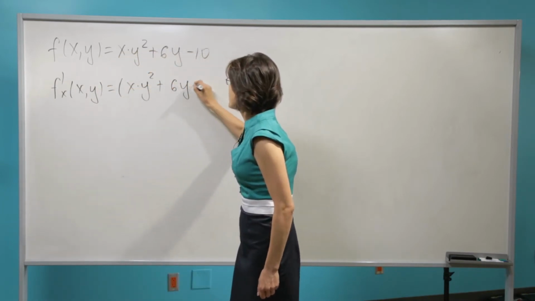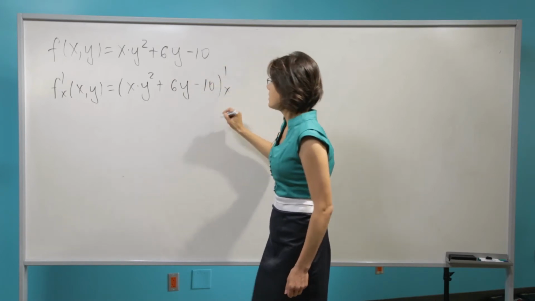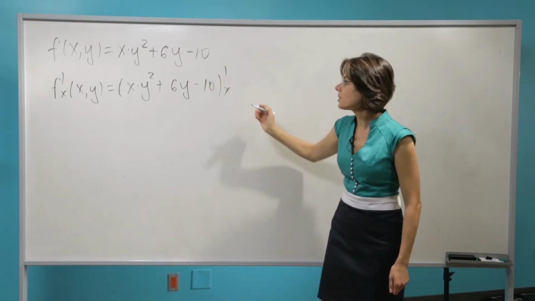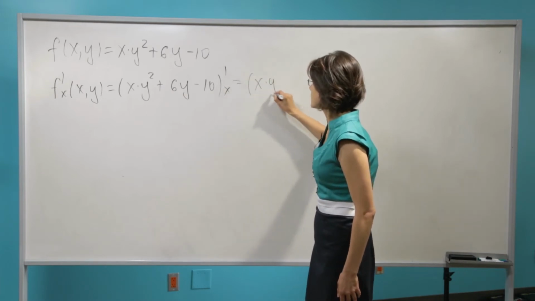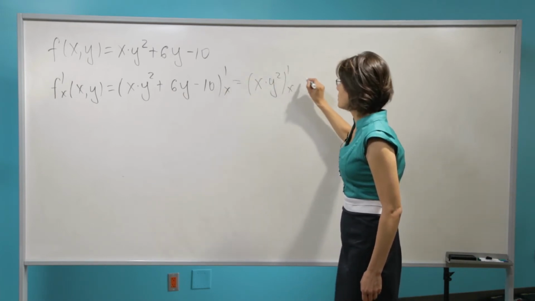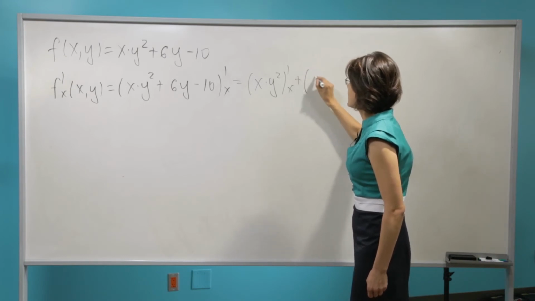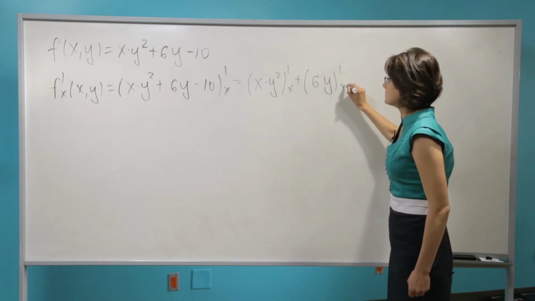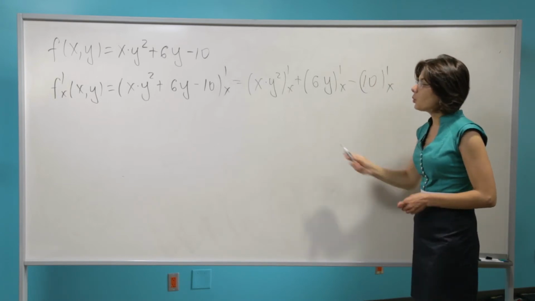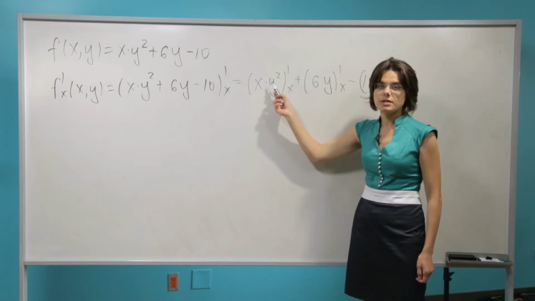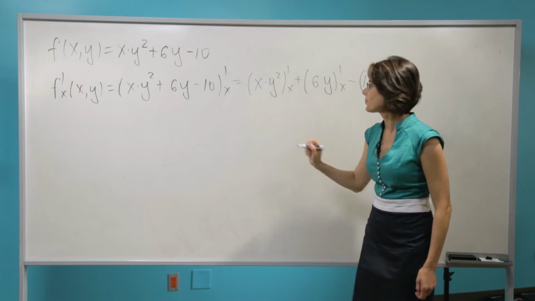I have to differentiate the sum and difference of my function with respect to variable x. So as before, I would split it into three functions. And each of them I will differentiate with respect to variable x. Now y for me is just a constant and x is a variable.